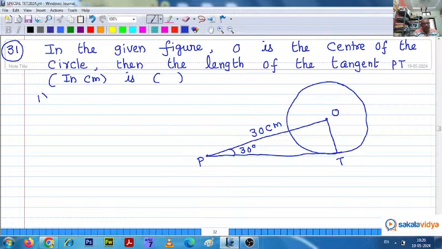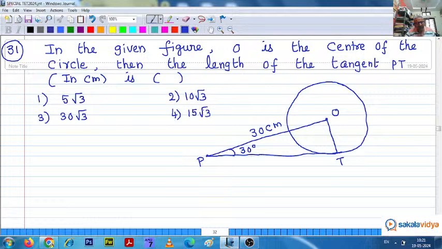So the first option is 5√3. Second option, 10√3. Third option is 30√3. Fourth option is 15√3. So, very interesting question.